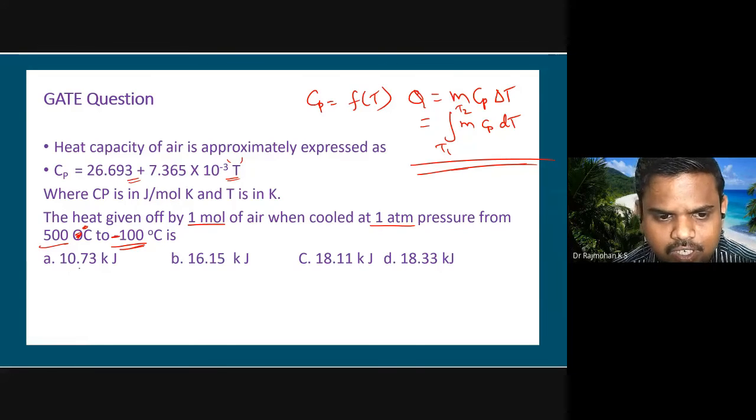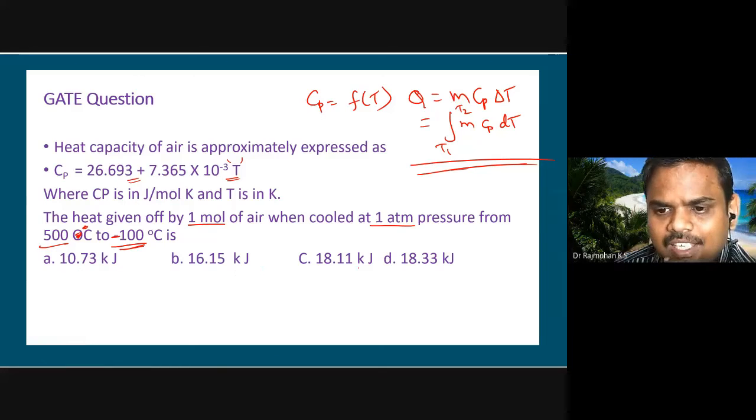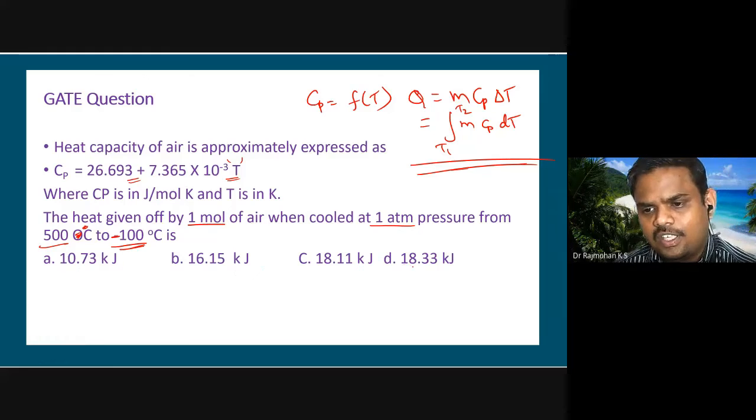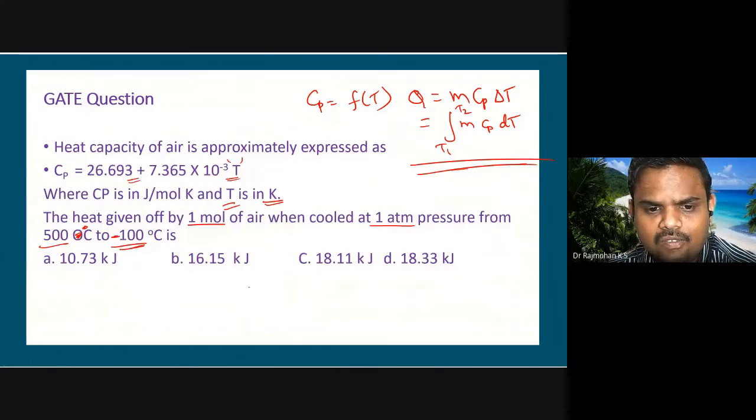There are 4 options given: 10.73 kilojoules, 16.15 kilojoules, 18.11 kilojoules, 18.33 kilojoules. So what we can do, T1 and T2 all in Kelvin we have to substitute, because in this formula T is in Kelvin. So let us write Kelvin values.